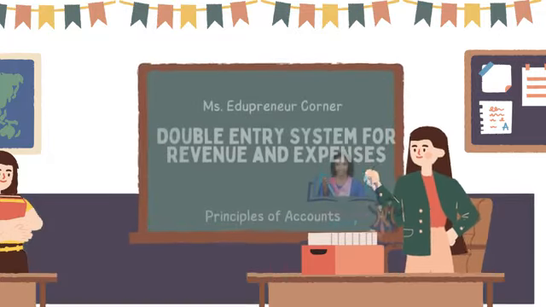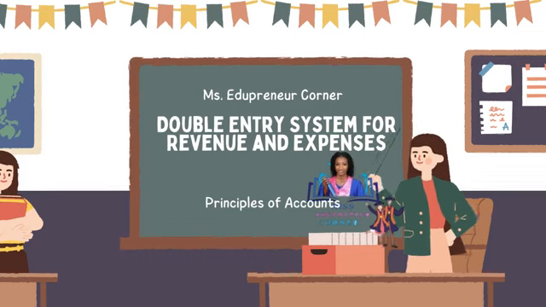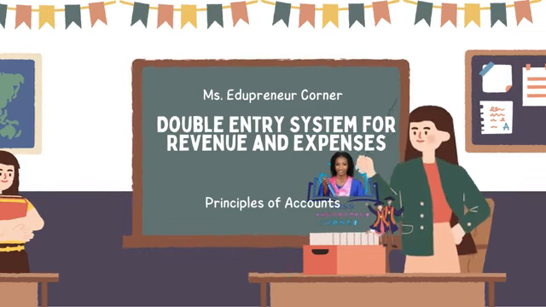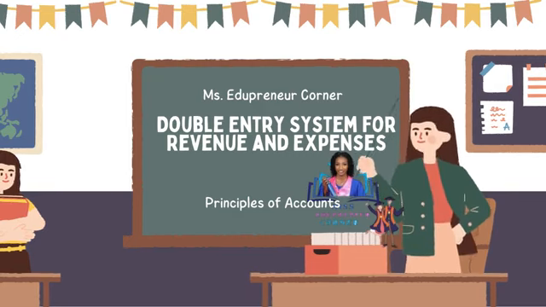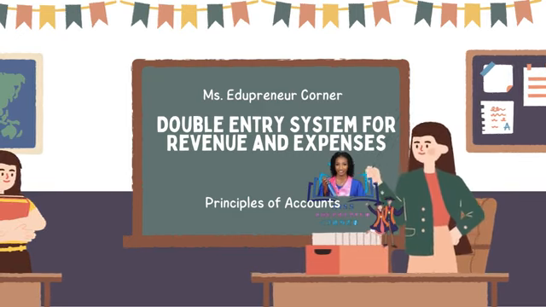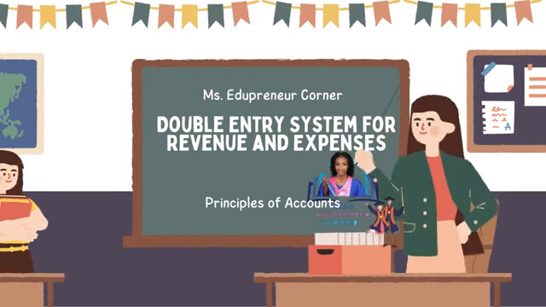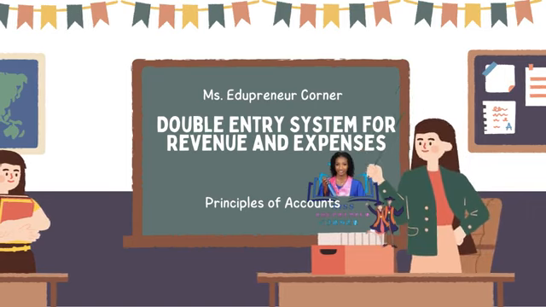Double entry system for recording revenue and expenses. So what is revenue? Revenue is the money received or will be received in the future by the business arising from goods sold and services rendered in connection with its day-to-day activities.